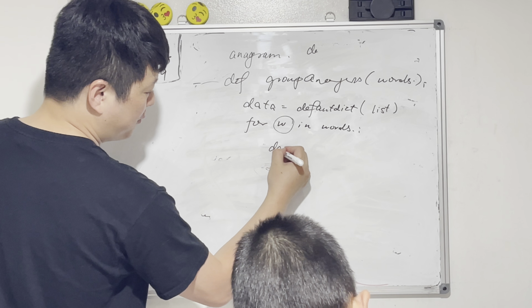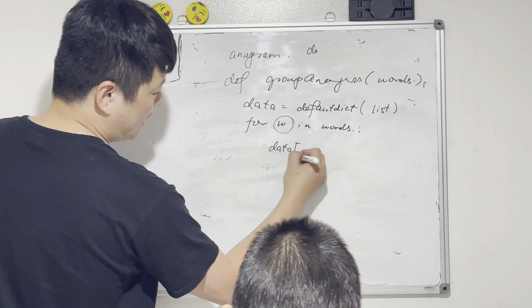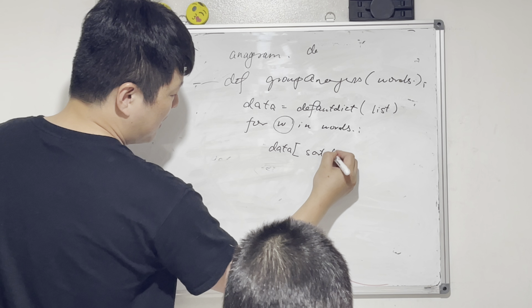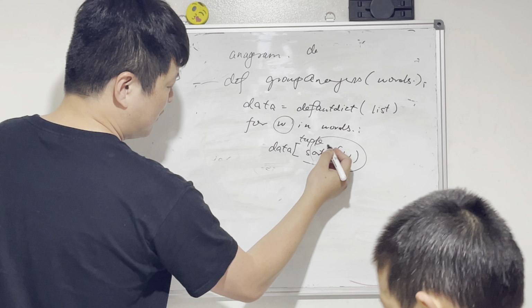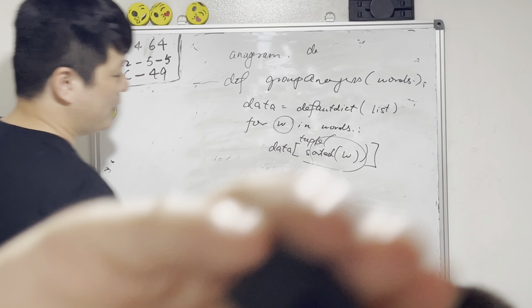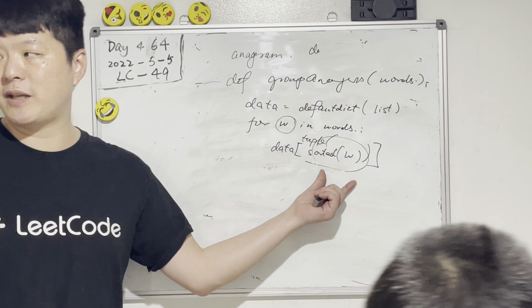Then we sort it, so that's the sorted version, sorted w. Then we change it to a tuple to make it hashable, because the keys need to be hashable.